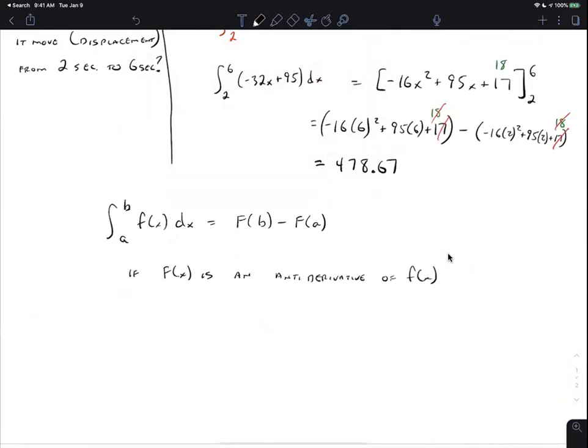Now I'm skipping a couple things. This is also if f is continuous on the closed interval [a, b]. Okay, then that's true, and that's half.